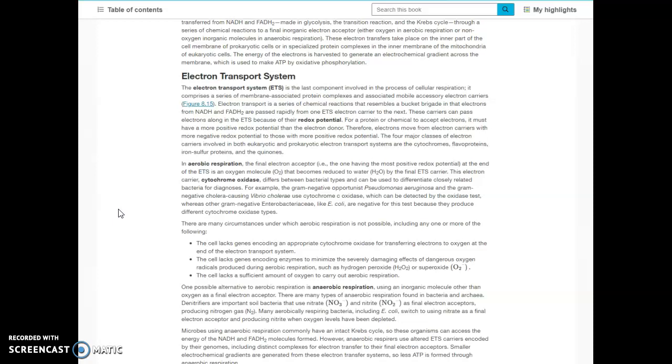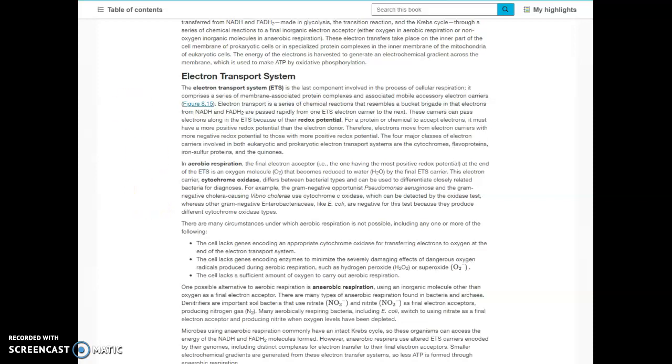Our cells carry out aerobic respiration, but sometimes, especially if we're doing some type of anaerobic exercise, our cells run out of oxygen, and they'll switch over to anaerobic respiration, which is a more ineffective pathway. It doesn't generate as much ATP, which again is our goal here, to generate ATP for the cell to perform its normal reactions.